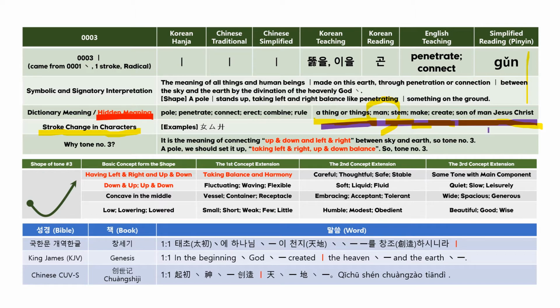For example, this is man, and this stroke is also a man. For example, God made Adam fall asleep. This is Adam, and he took out a rib from his body and created woman.